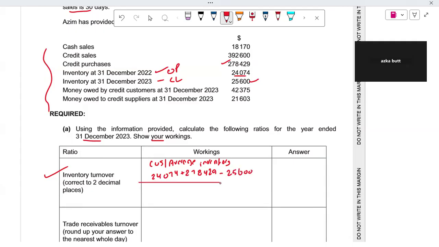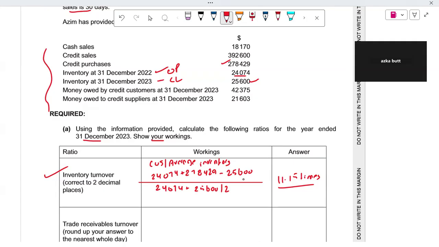And we will divide it by the average inventory. So how can we find out the average inventory? We will add the opening and closing and divide by 2. So 24,074 plus 25,600 divided by 2. So this is 11.15 times approximately. They didn't specify that we need to find out the inventory turnover in days. That's why we don't need to multiply it by 365.